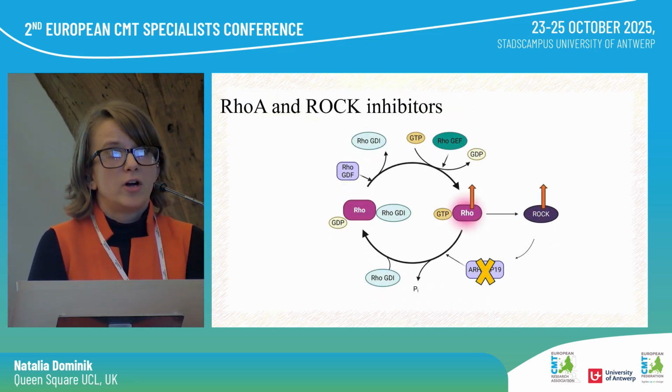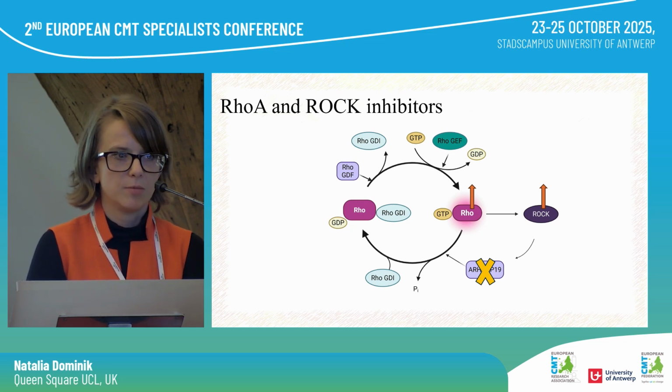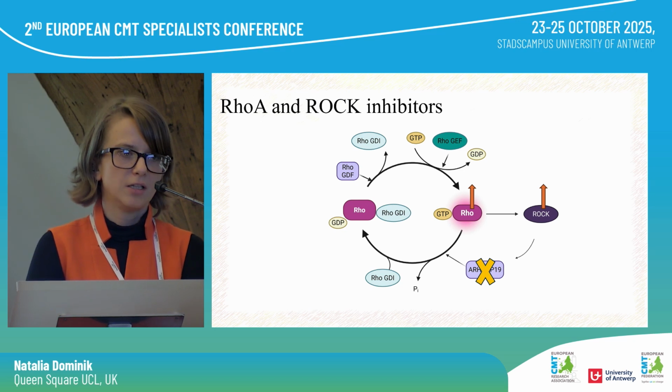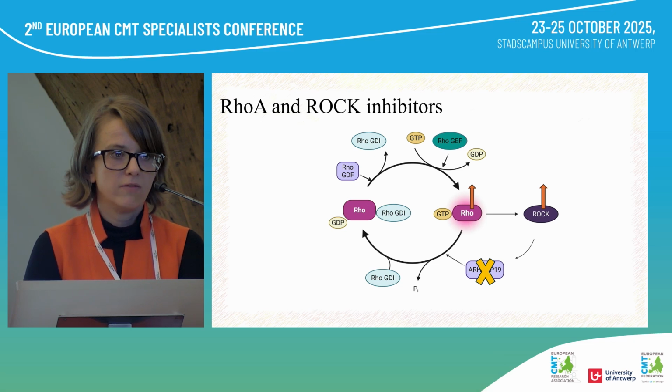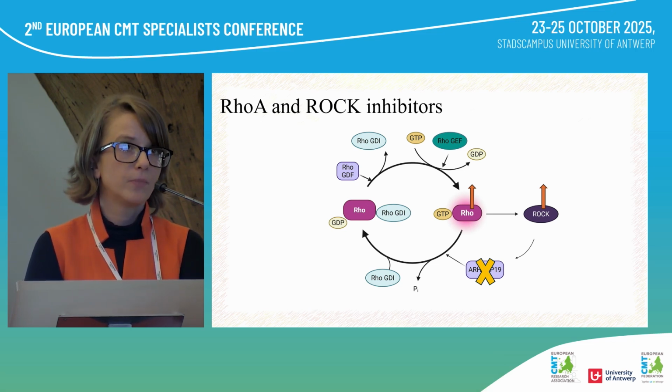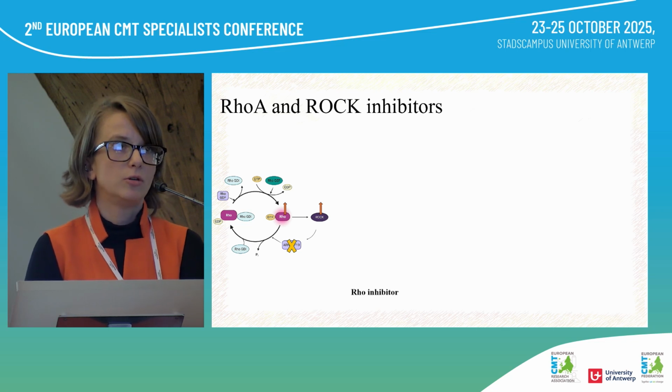Now, because I know that ARHGAP19 has GAP activity towards RhoA, I thought that ARHGAP19 loss of function could cause overactivity of RhoA, or also of ROCK, if it's indeed an effector in this pathway. So I went to feed my flies with RhoA and ROCK inhibitors.